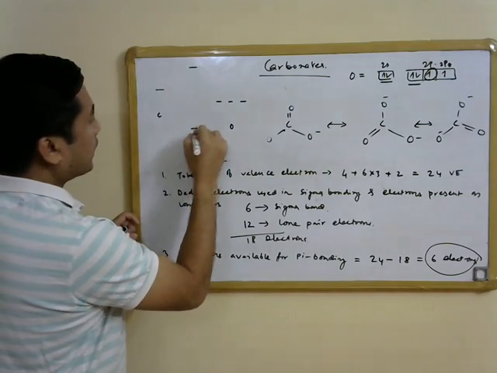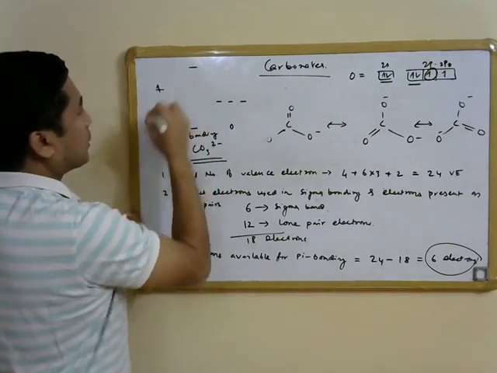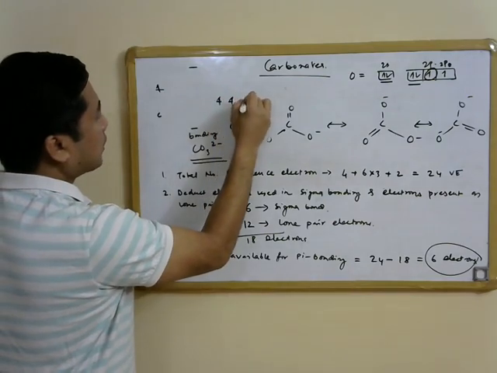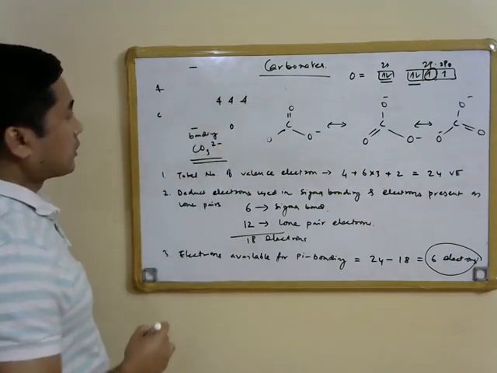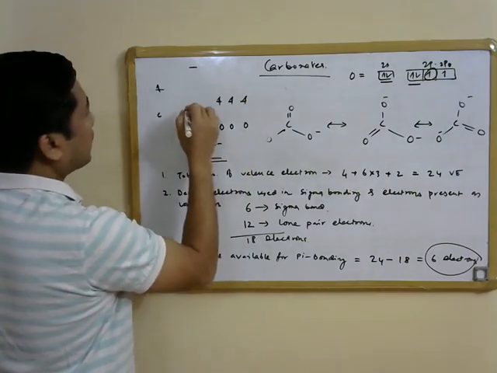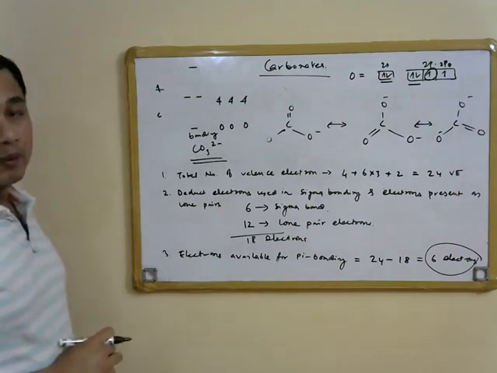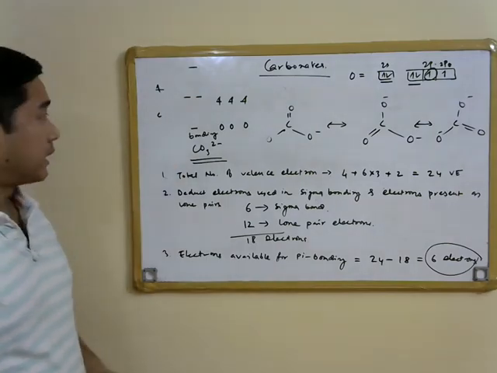One is bonding here. This contains 1 electron. Each of these atomic orbitals also contains 1 electron, so 3 oxygen atoms here. And then we have 2 non-bonding orbitals which are again degenerate in nature.